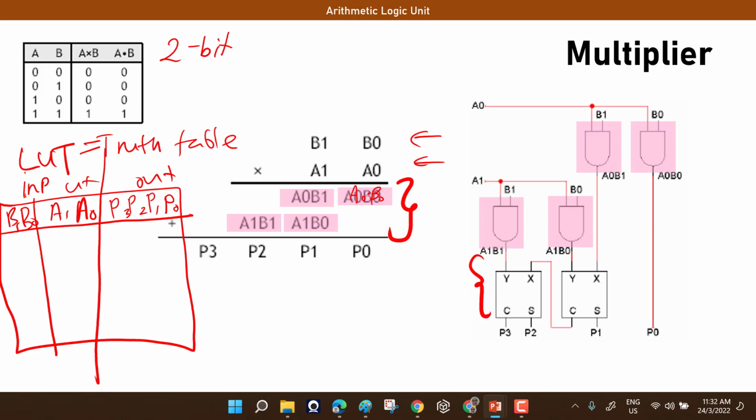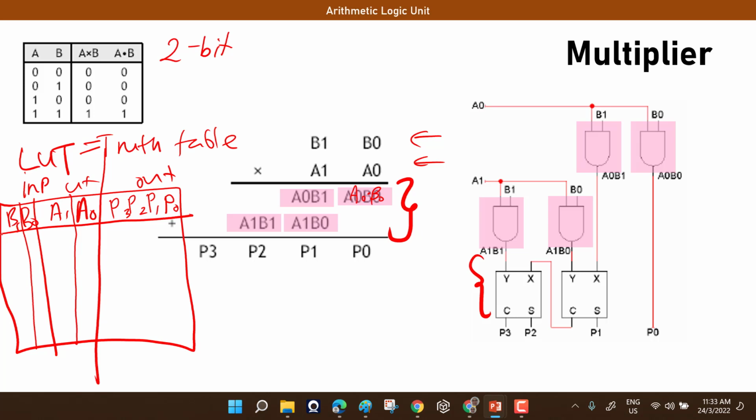That being said, how many inputs do we have altogether? If we were to split, just now we were splitting it into properties. You have A properties and B properties. Now we are talking about bits. How many bits is our input size? A is 2 bits, B is also 2 bits. So altogether, how many bits? 4 bits.